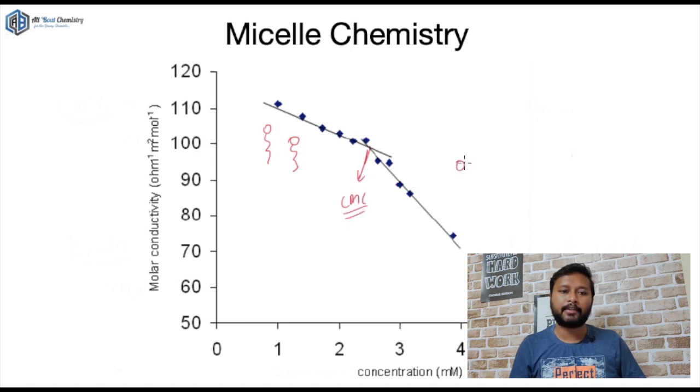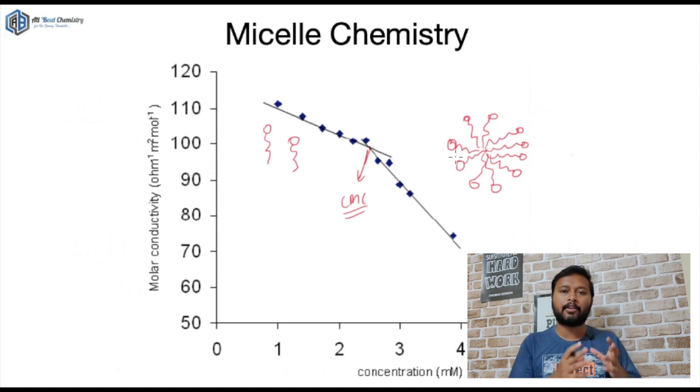Now after that, the number of free ions which are available for conductivity will decrease. So that is why this graph is decreasing, because the number of free ions available for the conductivity is getting decreased.